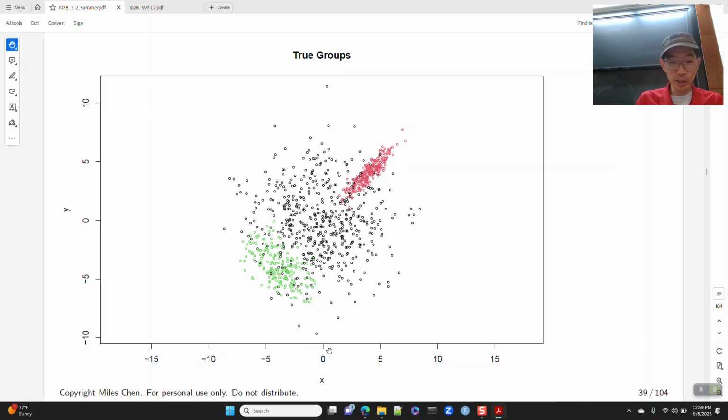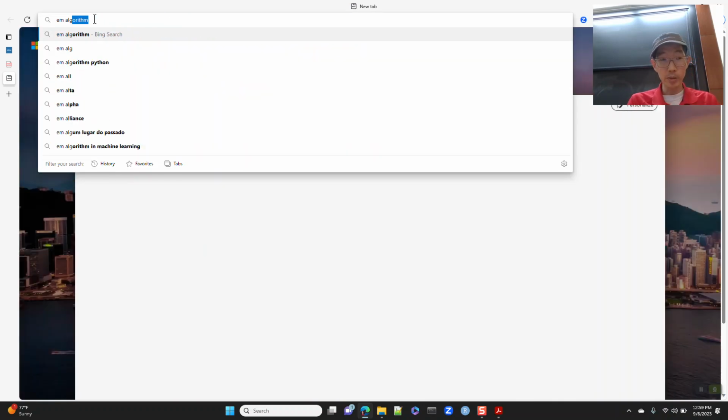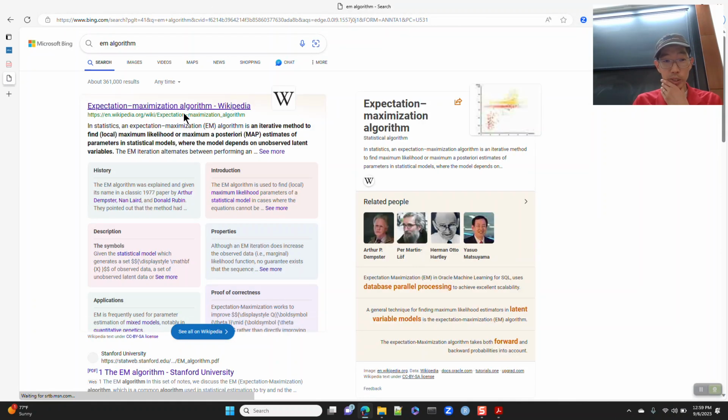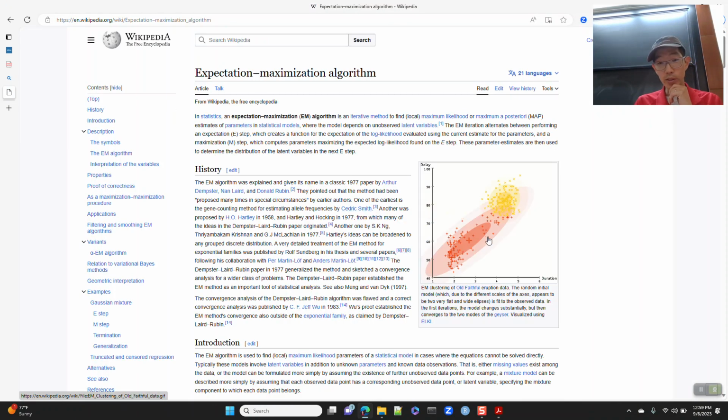There's a similar animation if you look up the EM algorithm on Wikipedia. There's some similar animation happening over here.